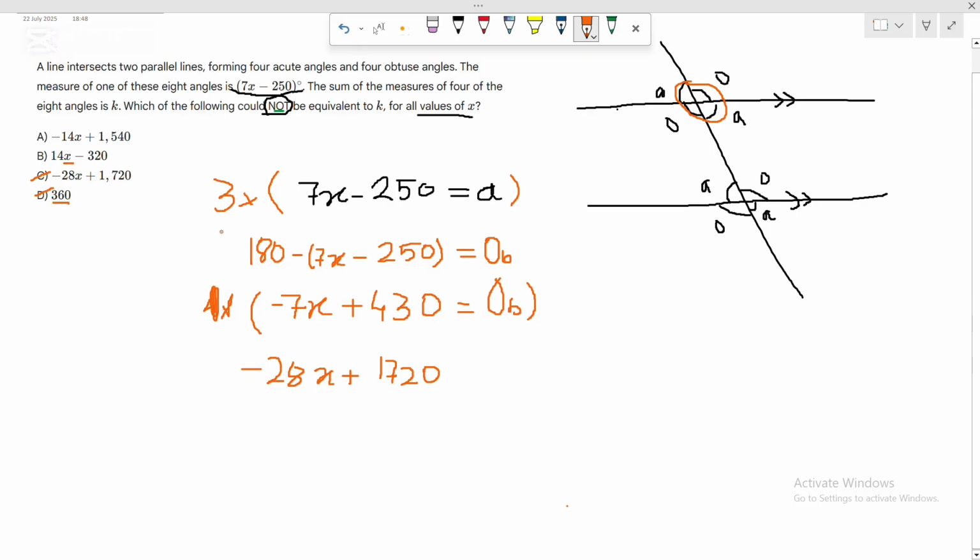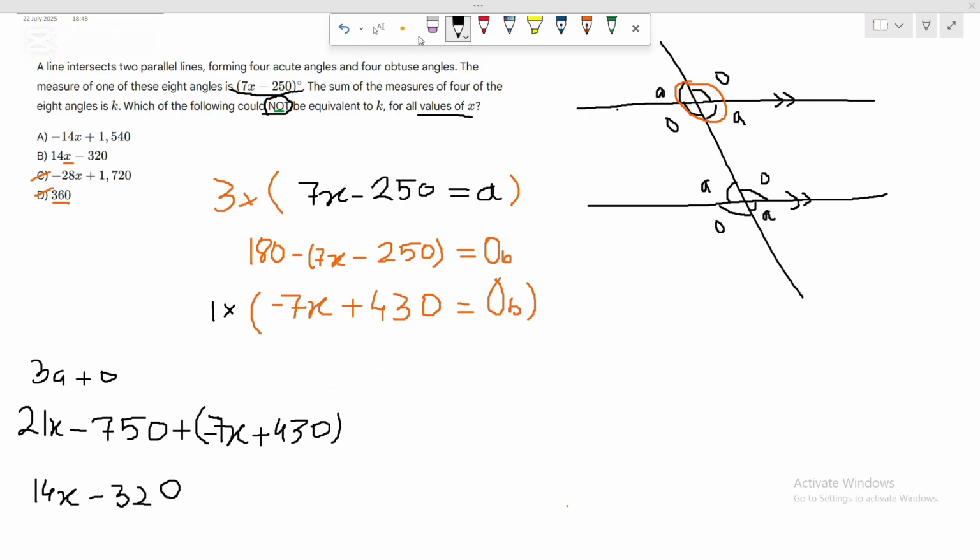After doing that we got 14x minus 320, which is also in the options, so this is not our answer either. So you got the process, right? To get 14x we multiply by 3 and add minus 7x. So this is also possible.